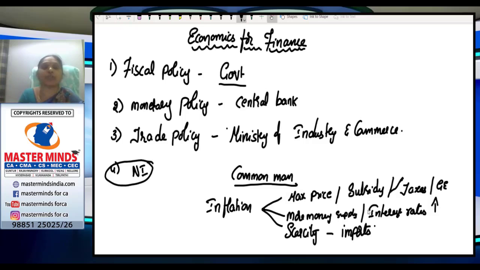At the same time, on trade policy, as the Ministry of Industry and Commerce, you can educate to what extent we have to import, to what extent we have to export, how we can overcome the trade deficit, how we can bring the trade surplus, and how we can achieve equilibrium in the balance of payments. You can have this basic knowledge so that any kind of audit can be done by you very efficiently, especially in stock audits, where you will have different kinds of taxes like ad valorem duties, specific duties, countervailing duties, and anti-dumping duties.